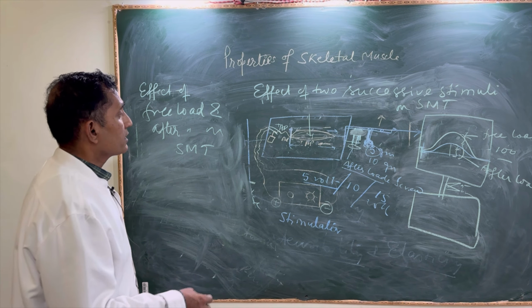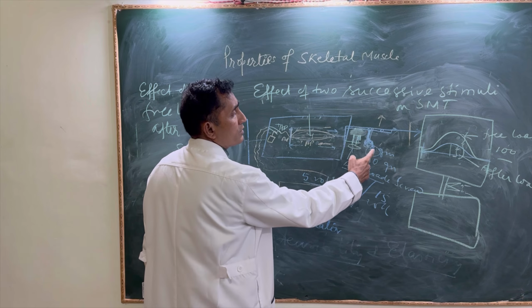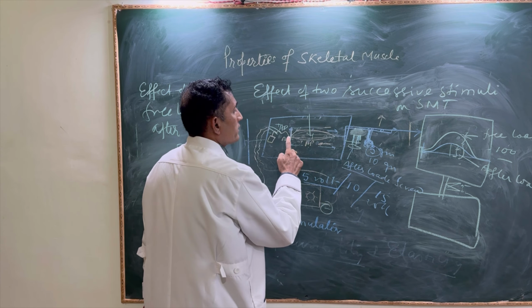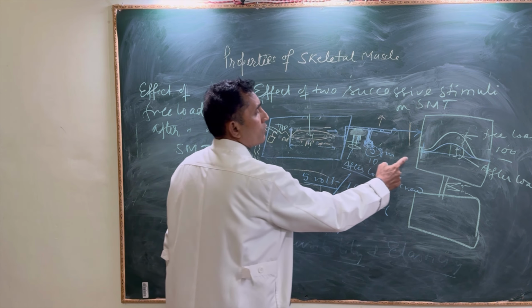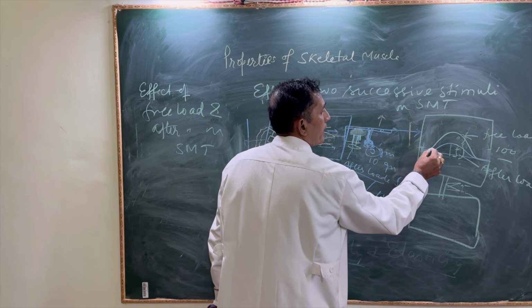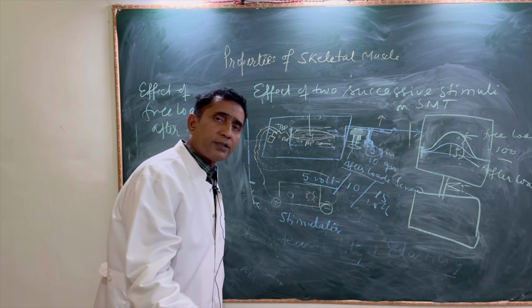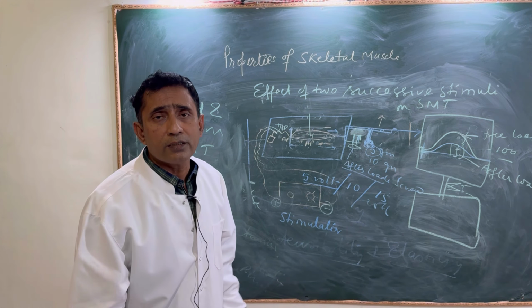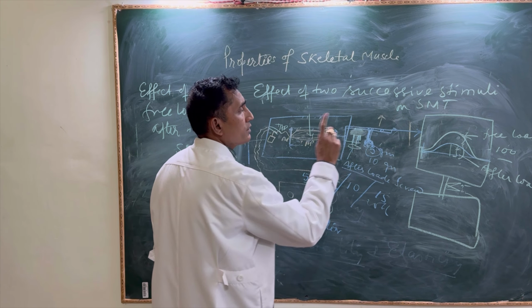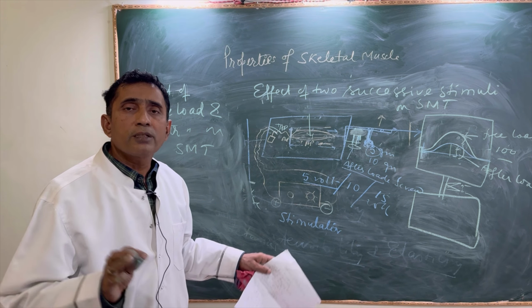This muscle can be extended by using the load, that is free load. This muscle cannot be extended when it is afterload. So if we can stretch the muscle before it contracts, we will have a better height of contraction. So extensibility and elasticity can be proved by using this experimental setup.